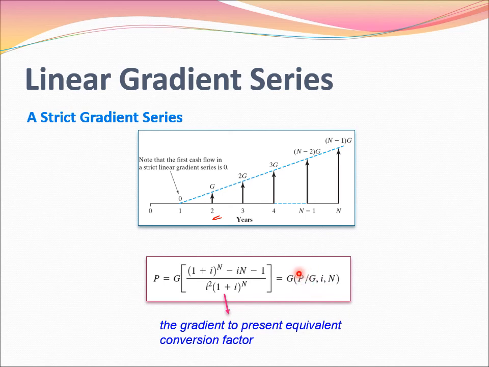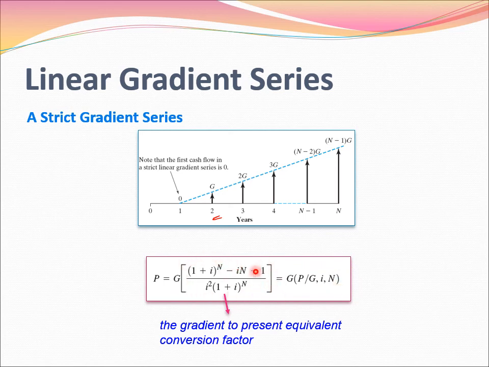We read it as P given G, the amount of increase, interest rate, and the number of periods. As you can see, the number of periods is not the number of times that we increase. It is the number of periods from the start of the payment series. So we use n here, not n minus 1. Pay attention to this factor and how we represent it.